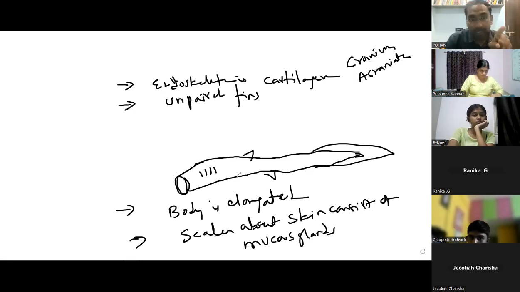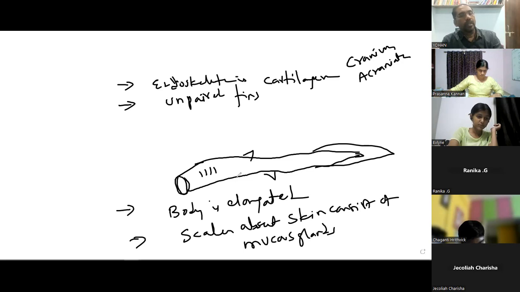But in textbook, it is given something different. You just read those lines. They are saying paired fins are lacking, means they don't have paired fins, but have unpaired fins. Their body is devoid of scales and paired fins.